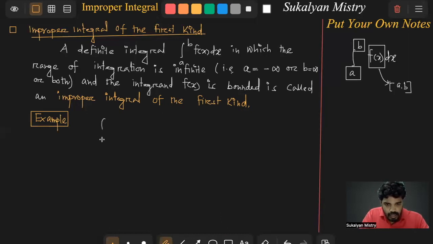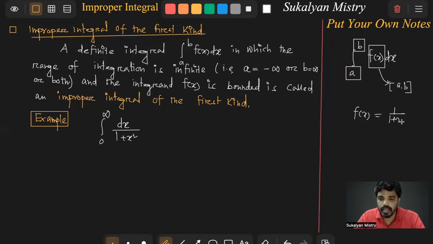Integration 0 to infinity. Upper limit, that is b, is infinite. So 0 to infinity dx divided by 1 plus x square. Okay. So this is improper integral of first kind. What is f(x)? Here f(x) is 1 by 1 plus x square.